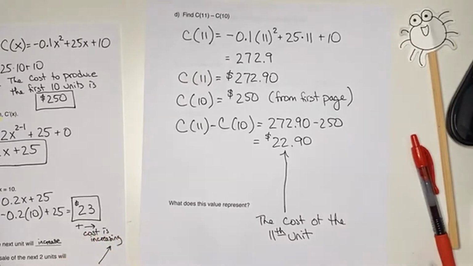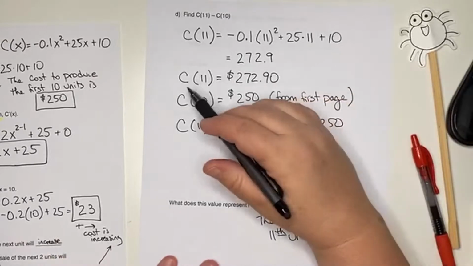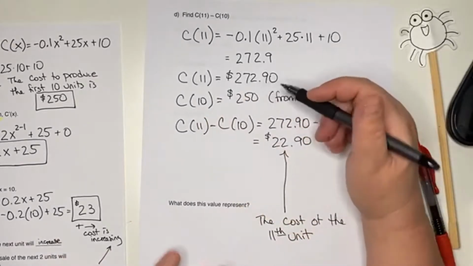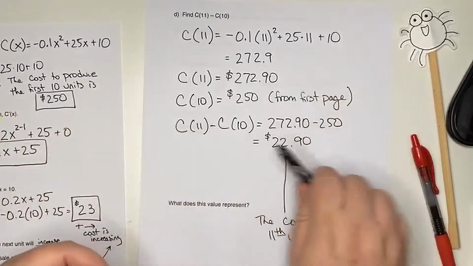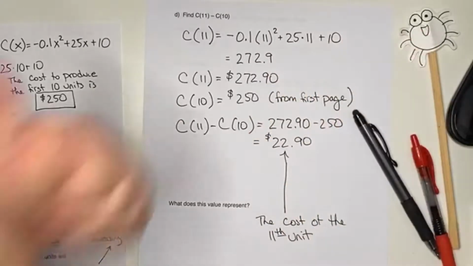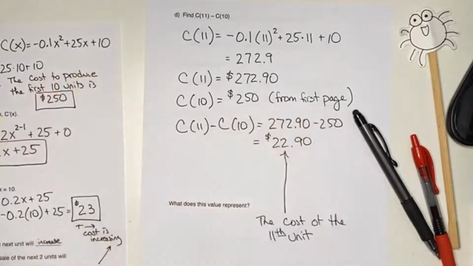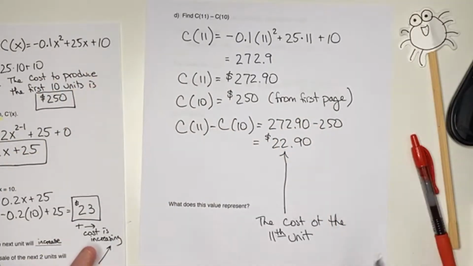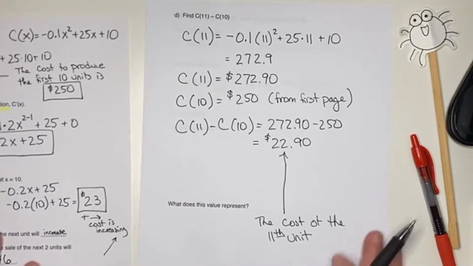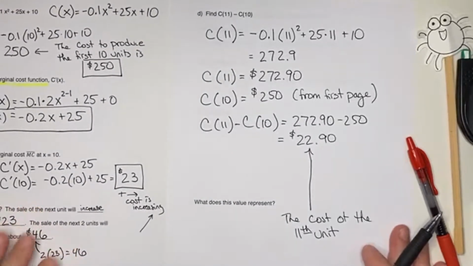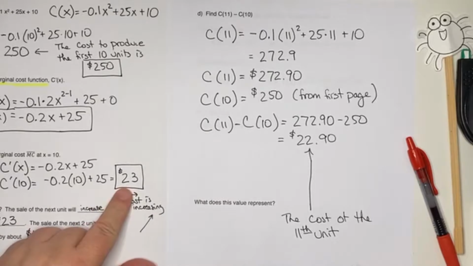Okay, again, C of 11 is the cost of 1, 2, 3, 4, 5, 6, 7, 8, 9, 10, 11 units. C of 10 is for the first 10. And so if we subtract them, we get the cost of the 11th unit. What was the marginal cost? The marginal cost was 23.